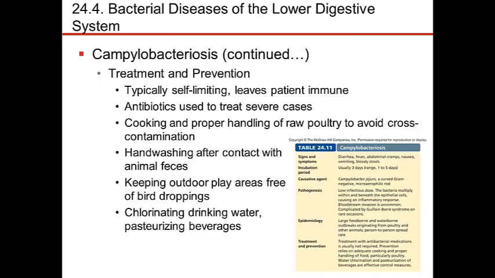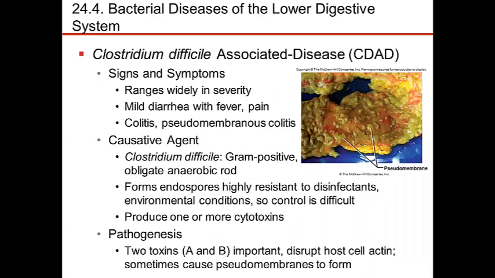Poultry products should be cooked to an internal temperature of 170 degrees Fahrenheit for breast meat and 180 degrees Fahrenheit for thigh meat. Unpasteurized milk or unchlorinated water, unless it's boiled, should not be ingested, and hands should be washed routinely after handling pet feces or touching animals.